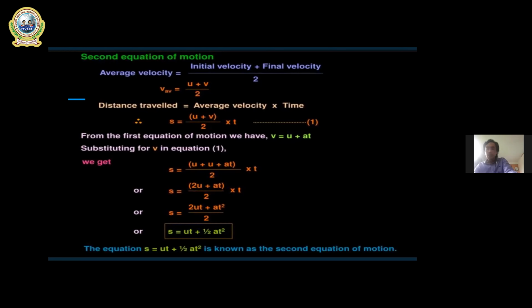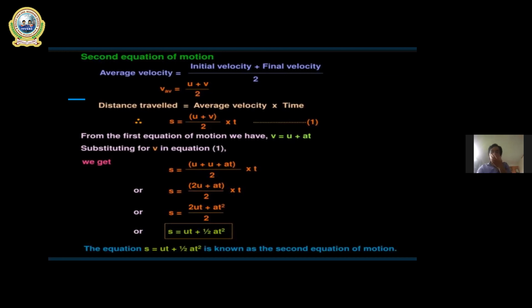Average velocity can be denoted by v_av, or simply you can write v equals (u plus v) whole upon 2, where u is the initial velocity and v is the final velocity.